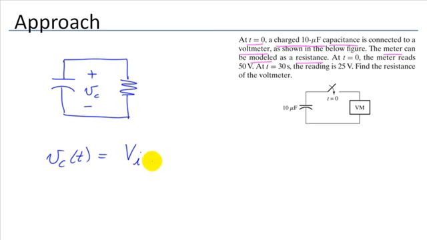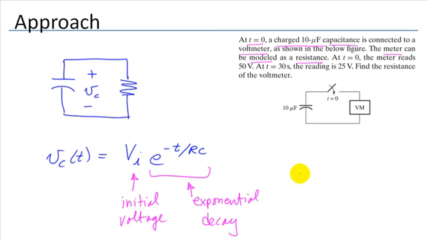Now the equation that describes how the capacitor discharges through the resistance looks like an initial voltage VI times an exponential decay, e to the minus t over RC. You can picture that capacitor discharge voltage like this.